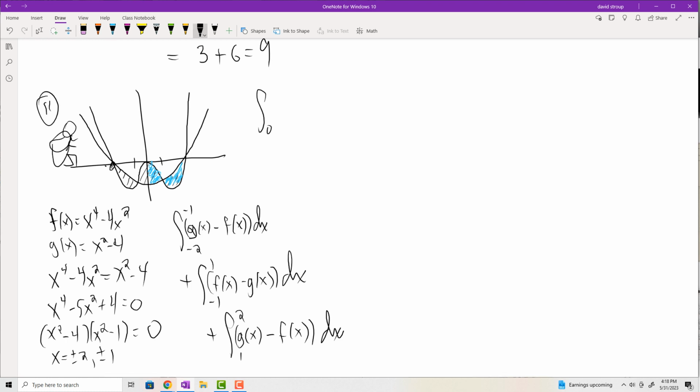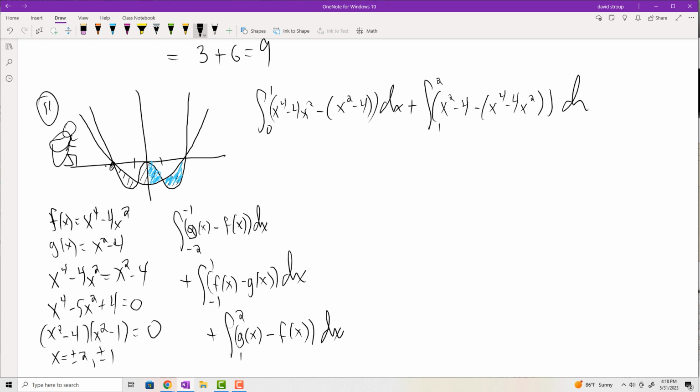I'm going to integrate from 0 to 1, and in that region, the top curve is the quartic, and the bottom curve is the quadratic. And then I'm going to integrate from 1 to 2, and in that region, the top curve is the quadratic, and the bottom curve is the quartic. I sure hope I'm saying that right. Pretty sure it's quartic.